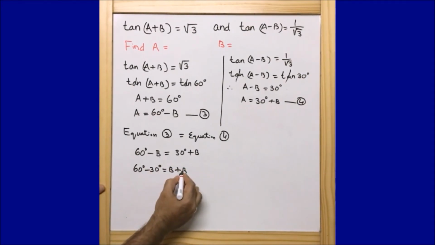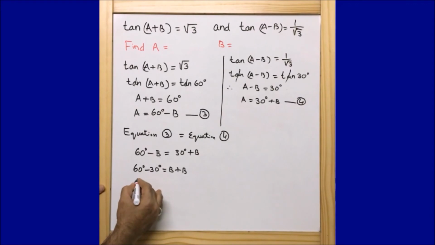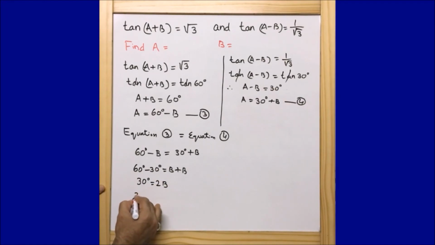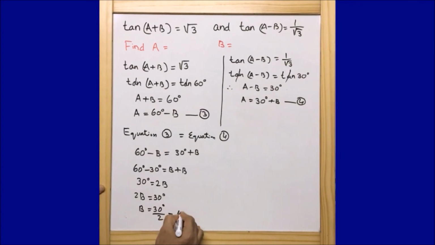So we got 60 degree minus 30 degree is 30 degree. 30 degree is equal to 2b, or I can say b is equal to 30 degree by 2, that is equal to 15 degree. So guys, we are able to find the value of b as 15 degree.